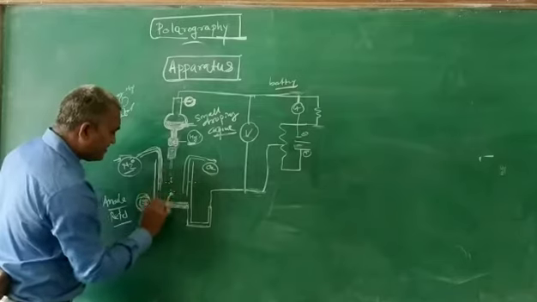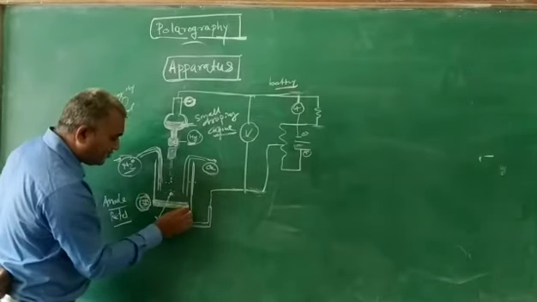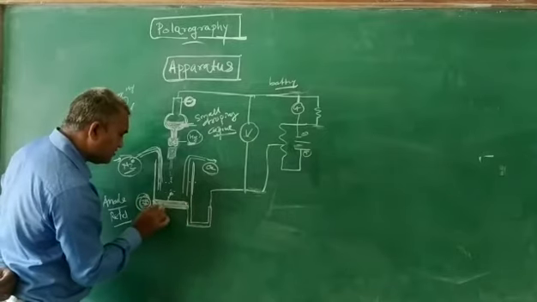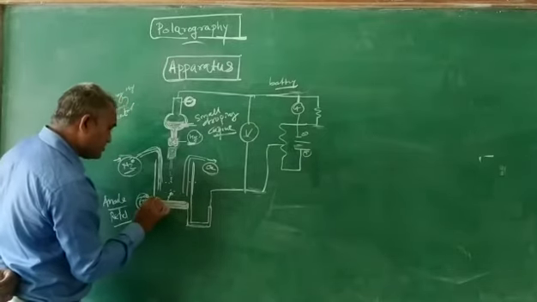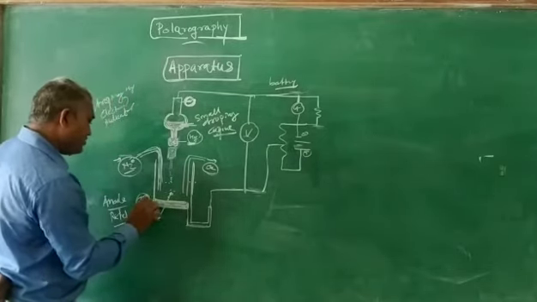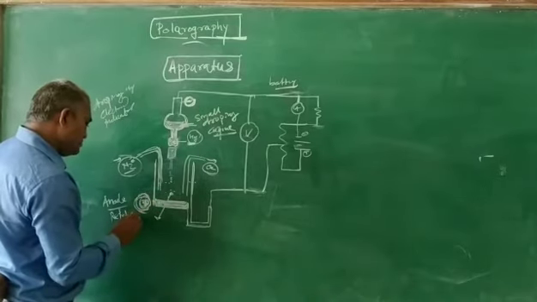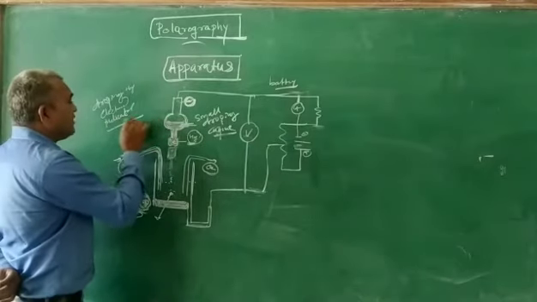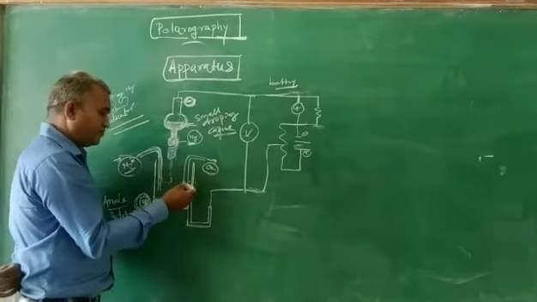And here is the cell. In the cell at the bottom, we keep the large Hg pool. It is the positive terminal, and it is known as the reference electrode. The negative terminal, the cathode, is known as the indicator electrode.